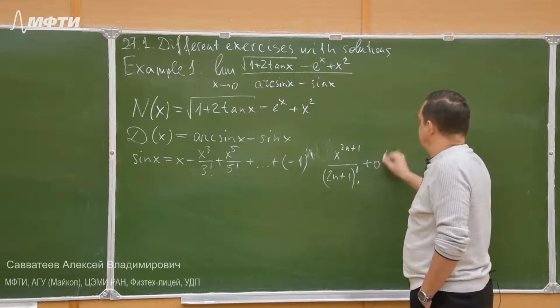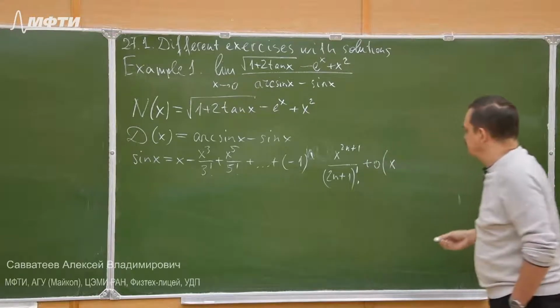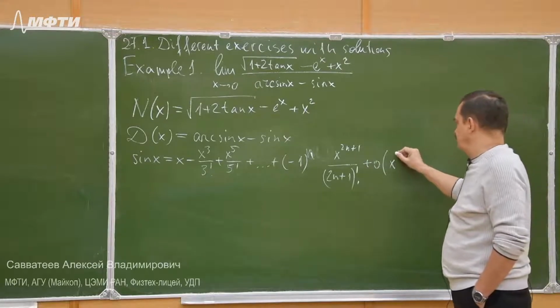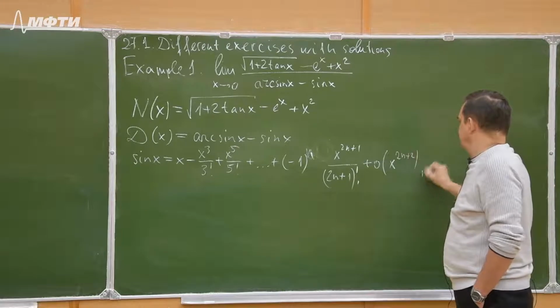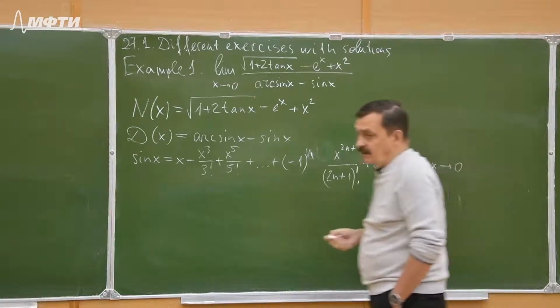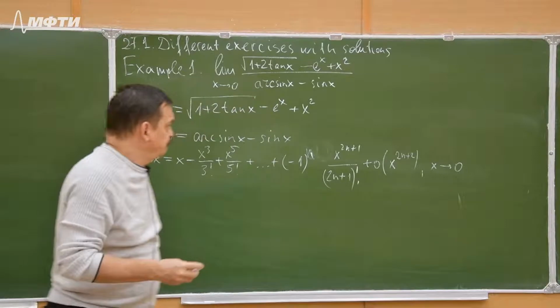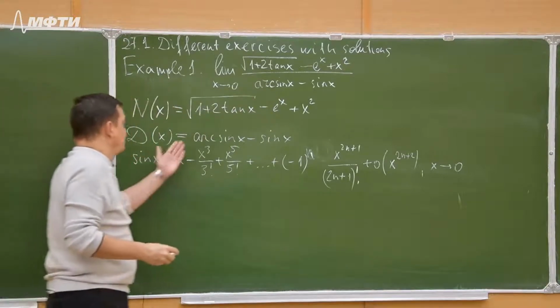So that is the general expansion plus little o of x to the power 2n plus 2 as x tends to 0. Now we should find the expression for arc sine x.